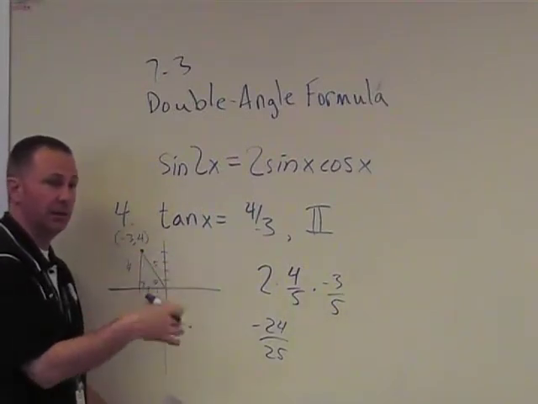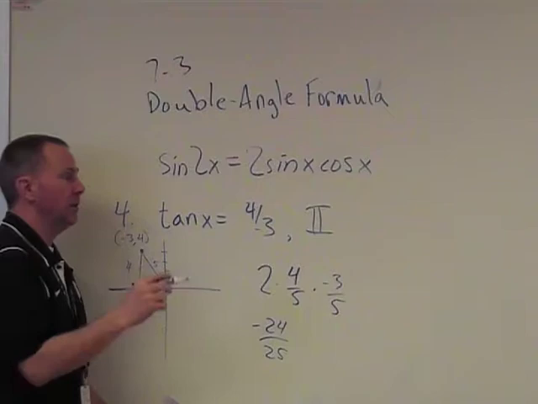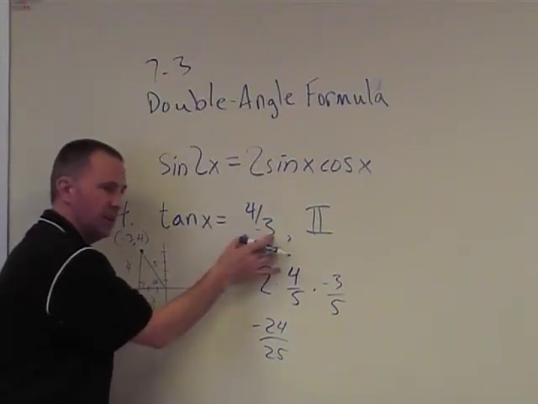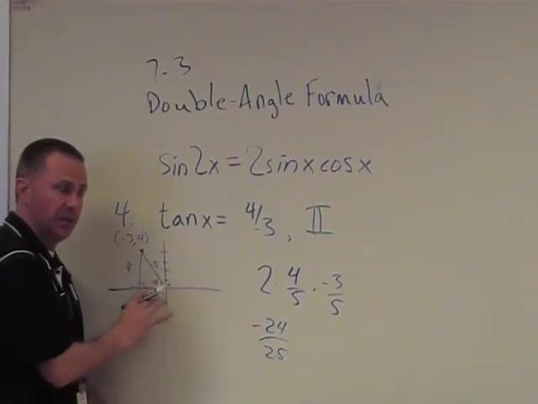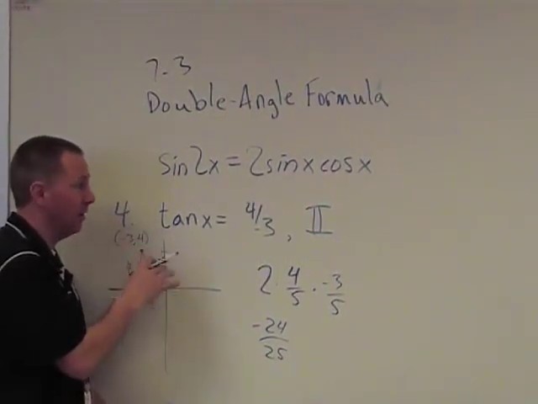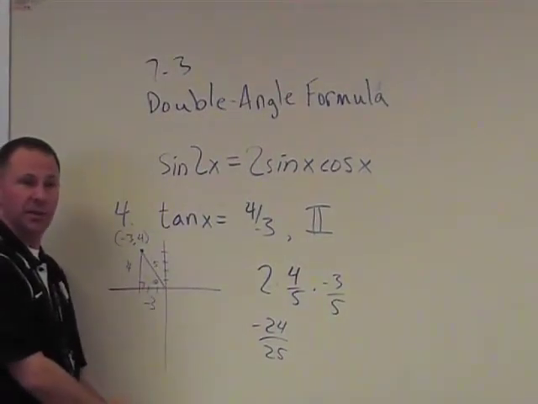Are we applying it yet? Are we using it for anything specific? No. So what is it that you have to do today? You just have to take the information given, figure out what all the pieces of the triangle are, and plug it into the double angle formula that it's asking for.